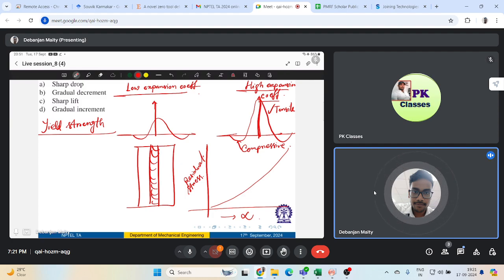For fusion welding of a metal, it is not directly affected by your yield strength, but yes, it will affect it to some extent. The residual stress we are talking about also depends on the yield strength of your weld metal.